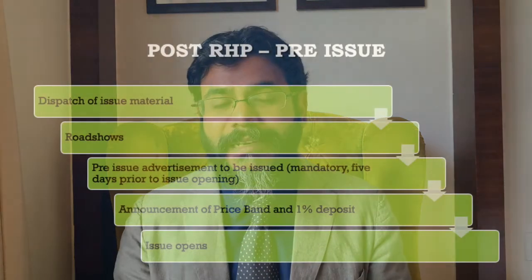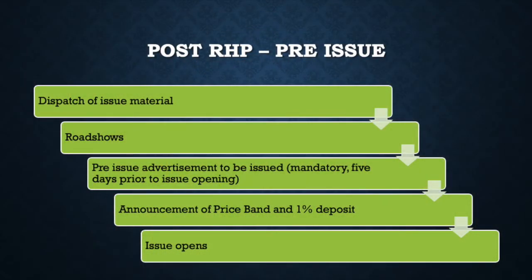Now it's time to get the market aware and to beat up a frenzy over this IPO. So the merchant bankers will arrange to have the prospectus, application forms for the public to fill in and make bids or applications for these shares, and perhaps a smaller version, a more concise version of the Red Herring Prospectus, often known as an abridged prospectus.